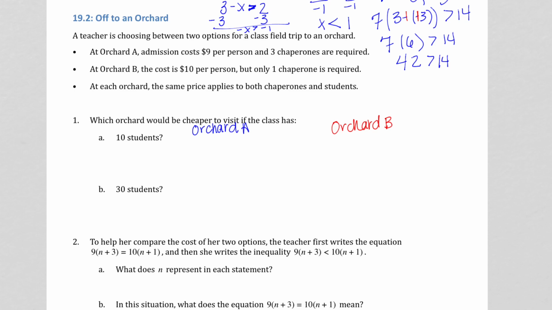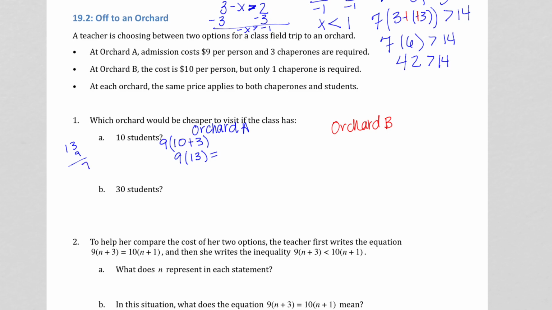So we have 10 students, so we're going to do 10 students plus 3 chaperones times $9 per person. So we will have 9 times 13, which equals, I don't remember that one off the top of my head, so I'm just going to do it over here.